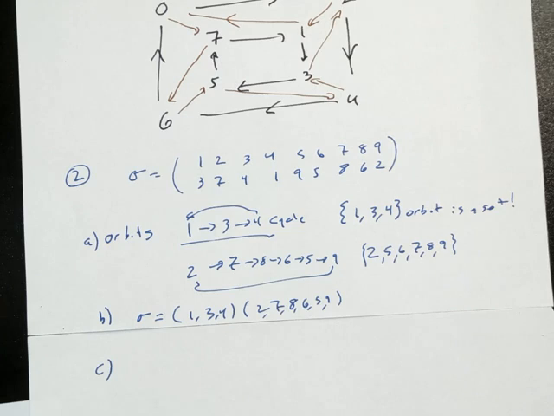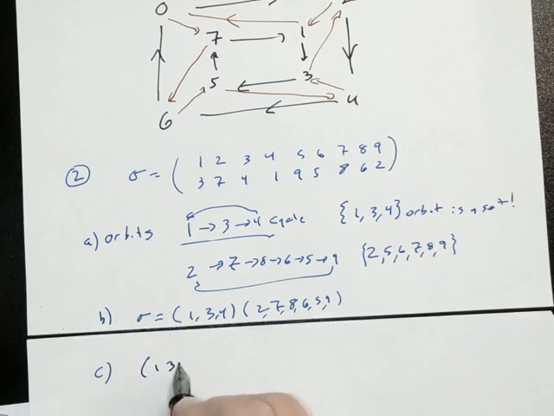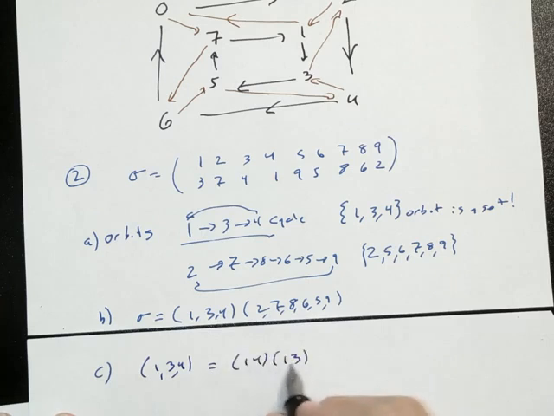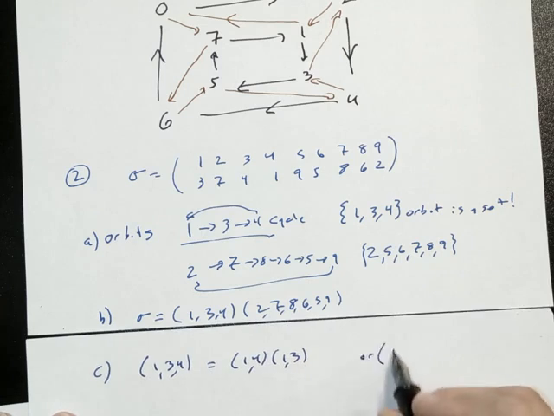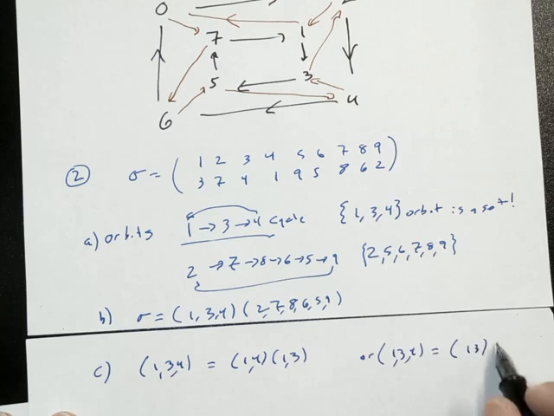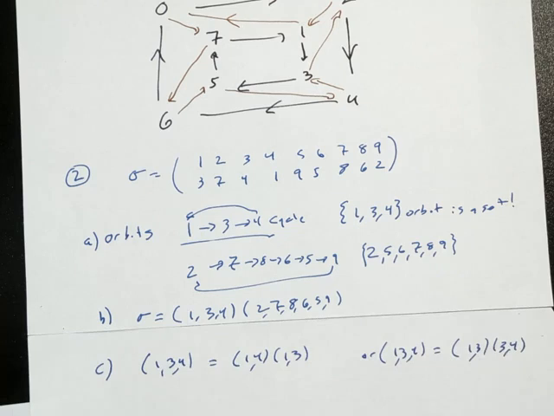So 1, 3, 4 can be written either (1 4)(1 3), or as (1 3)(3 4). I don't care which way you write it. I'm used to doing the first one, not the second one, but that's the way I was taught.